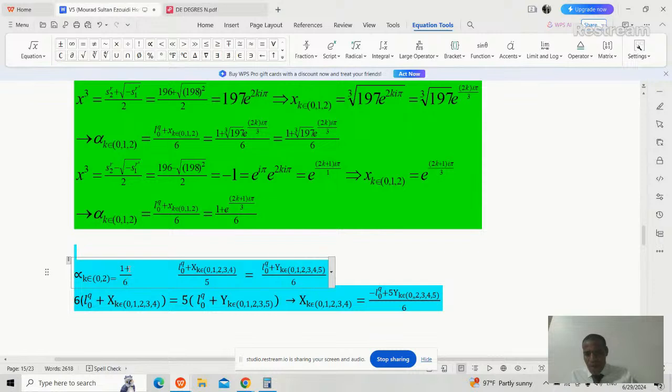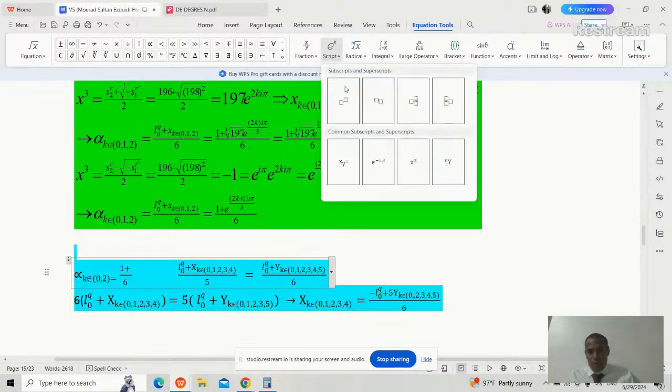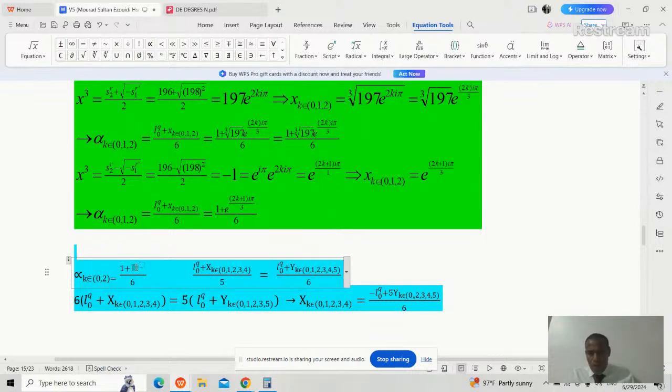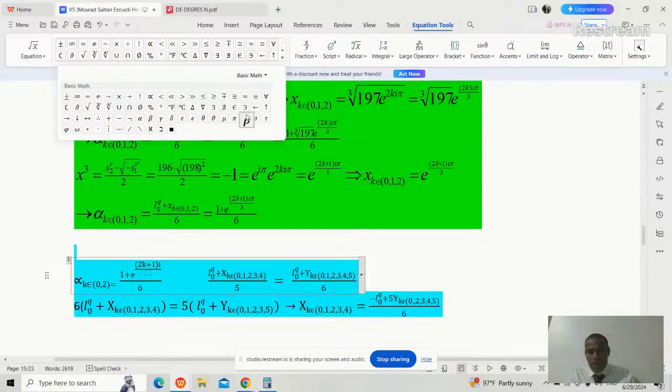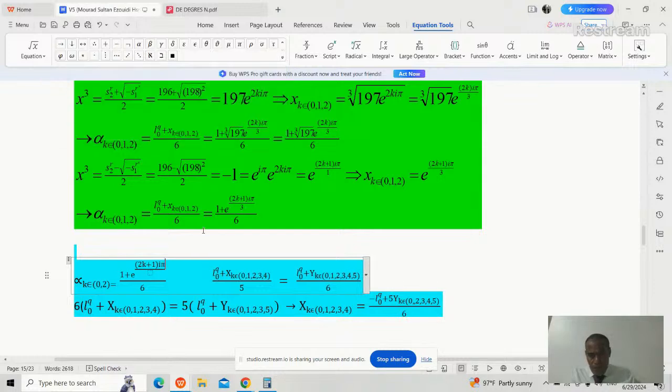It will be exponential of 2k, a fraction, 2k plus 1 between parentheses, pi divided by 3. This is the first two roots.